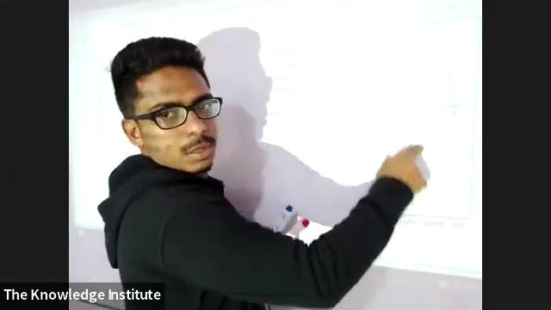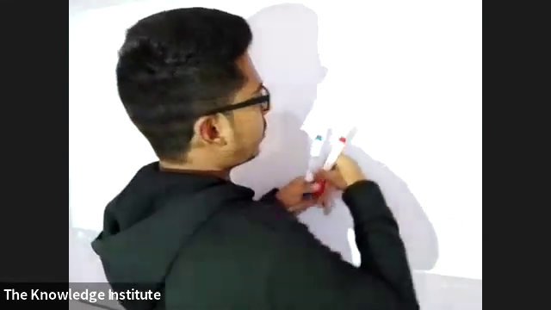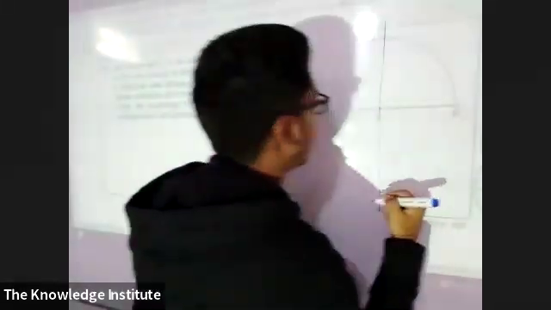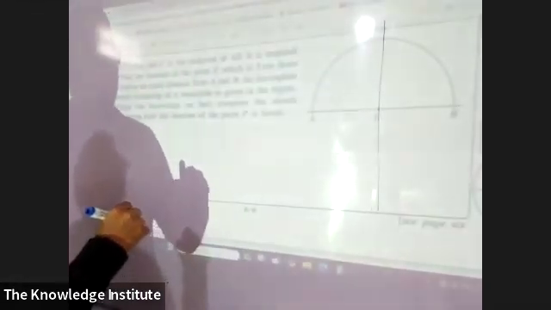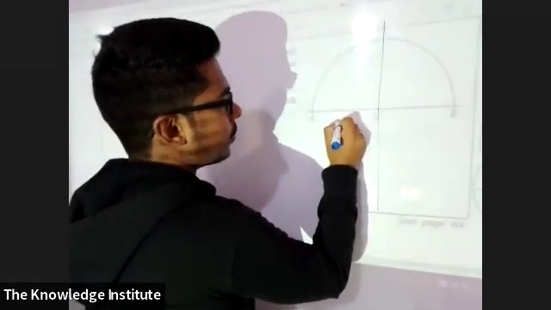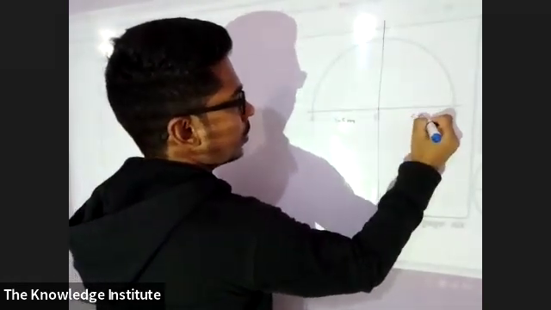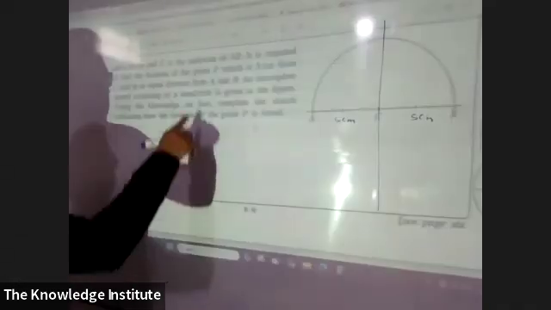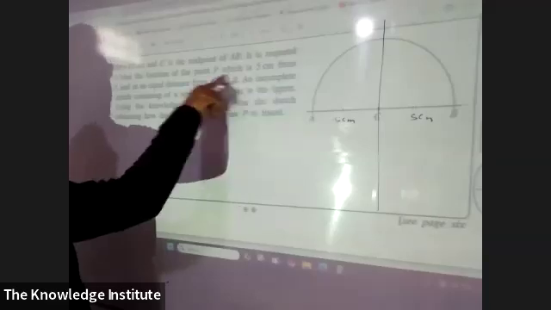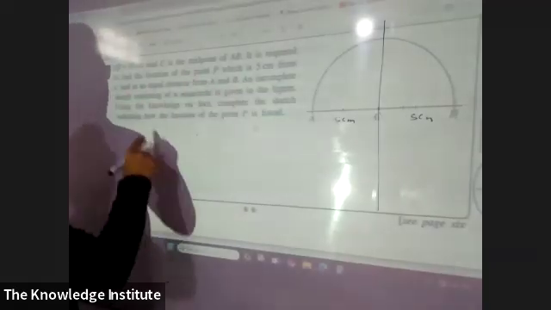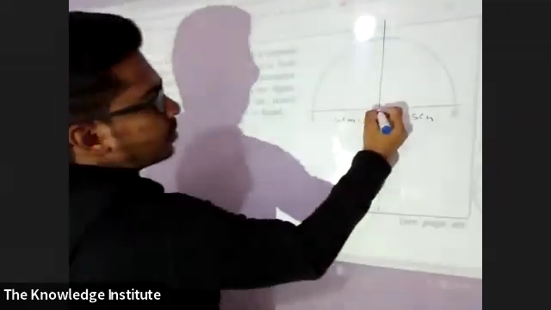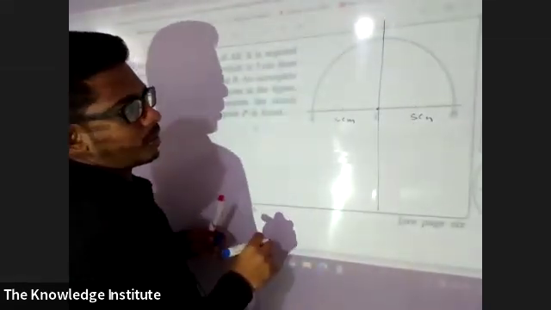Since it is an equal distance from A and B, we have to draw the perpendicular bisector. And AB is 10 centimeters. So it's a circle, with the midpoint of AB as the center, right?